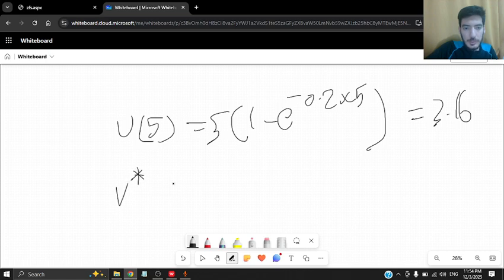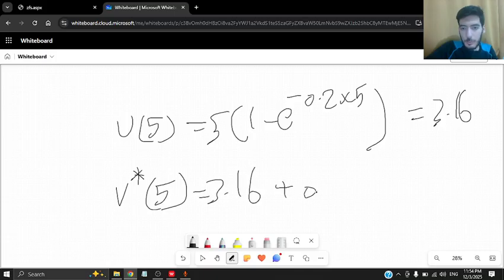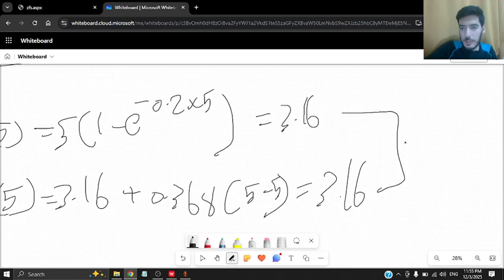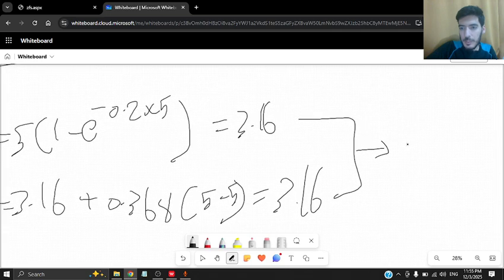For the linearized version, it will be 3.16 plus 0.368, sorry, multiplied by 5 minus 5. This part here will be 0 because 5 minus 5 is 0, and the final value is 3.16. So as we see here, they both equal, and the relative error is approximately 0%.